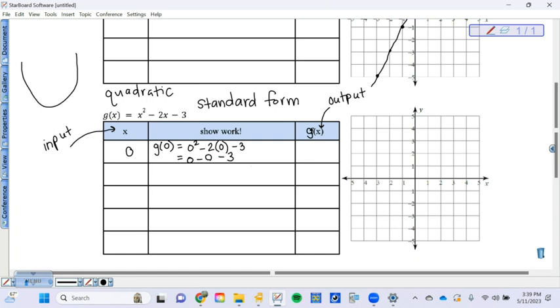So what's 0 minus 0 minus 3? Negative 3. Perfect. This refers to a point on the graph. When my input is 0, my output is negative 3. 0, negative 3. Yes, it is the y-intercept, exactly.